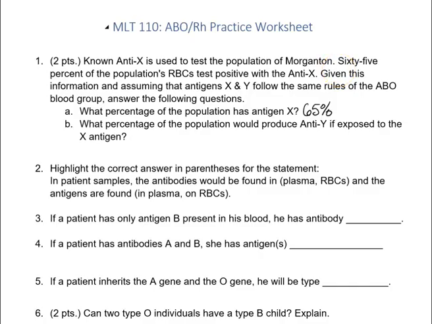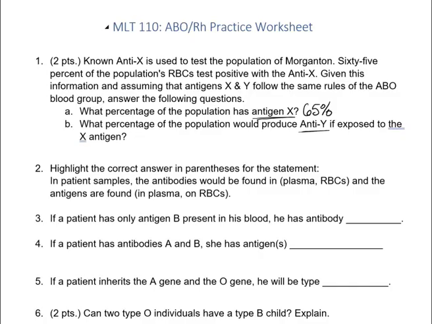The next question: what percentage of the population would produce anti-Y if exposed to the X antigen? This is kind of a trick question, because if it's following the same pattern as the ABO blood grouping, and 65% of the population has antigen X, then what would their naturally occurring antibodies be?